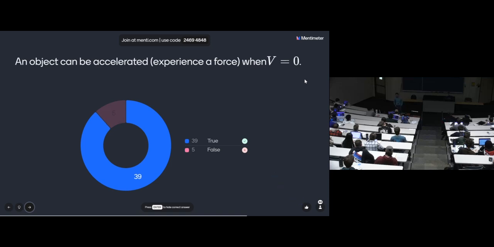An object can be accelerated when V is 0. The only thing that we need when V is 0 is for it to have non-zero slope, right? Because the force is the derivative of the potential, what we're asking about is whether the slope is non-zero even if the potential is 0.